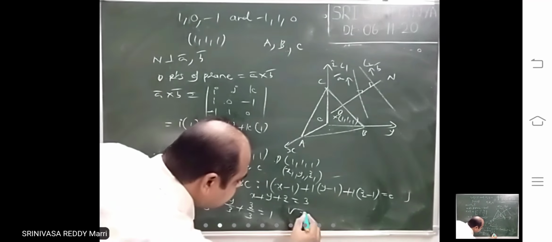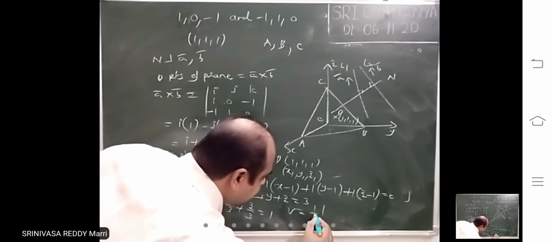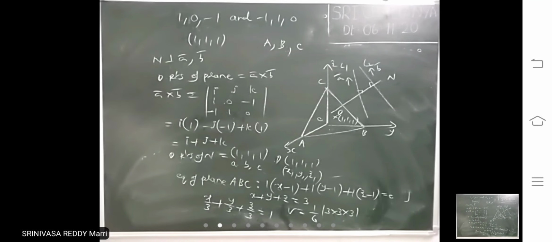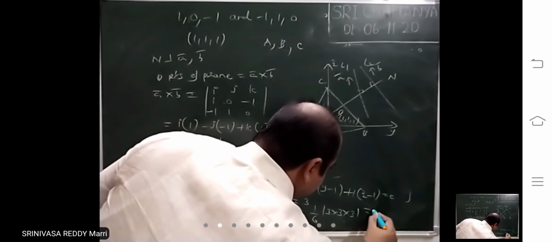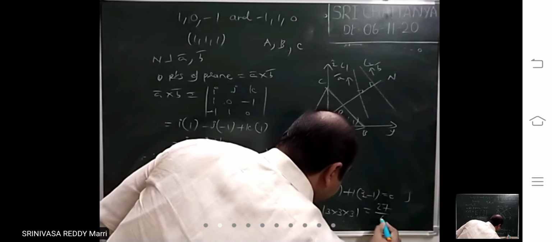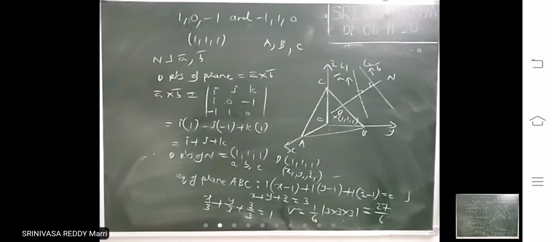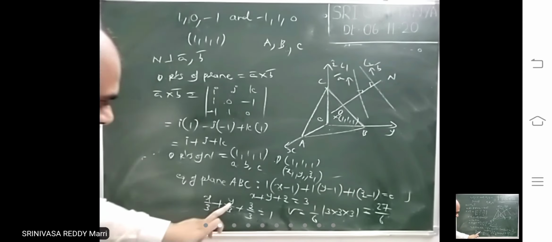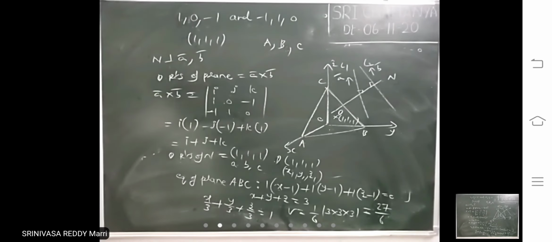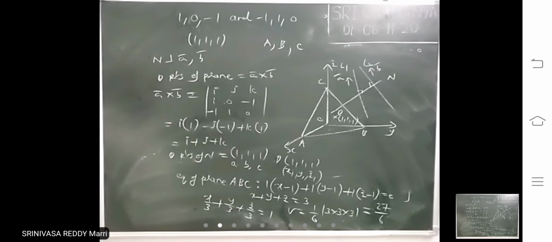So the volume is 1 by 6 into modulus of 3 into 3 into 3, that is 27 divided by 6. That is the answer. So first find the plane. Whenever he asks for tetrahedron OABC, convert into intercept form. Then the volume is 1 by 6 into modulus of A into B into C.